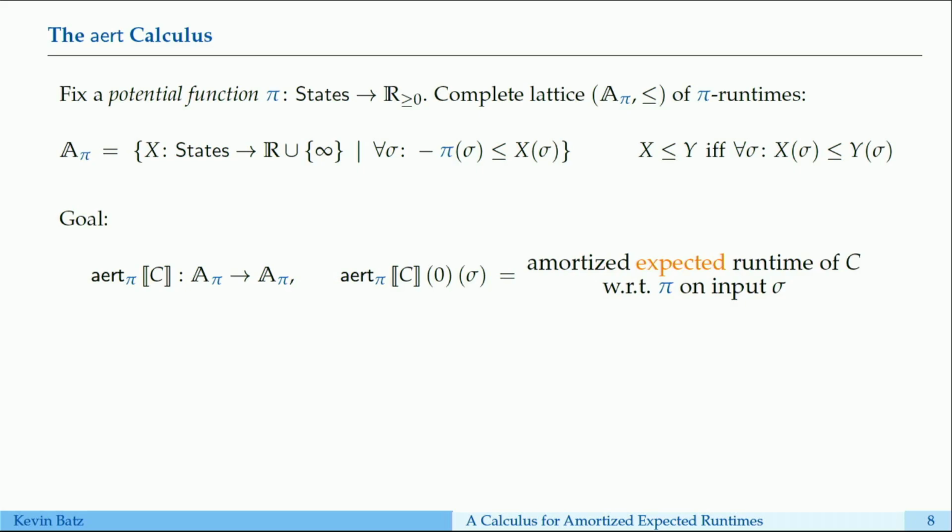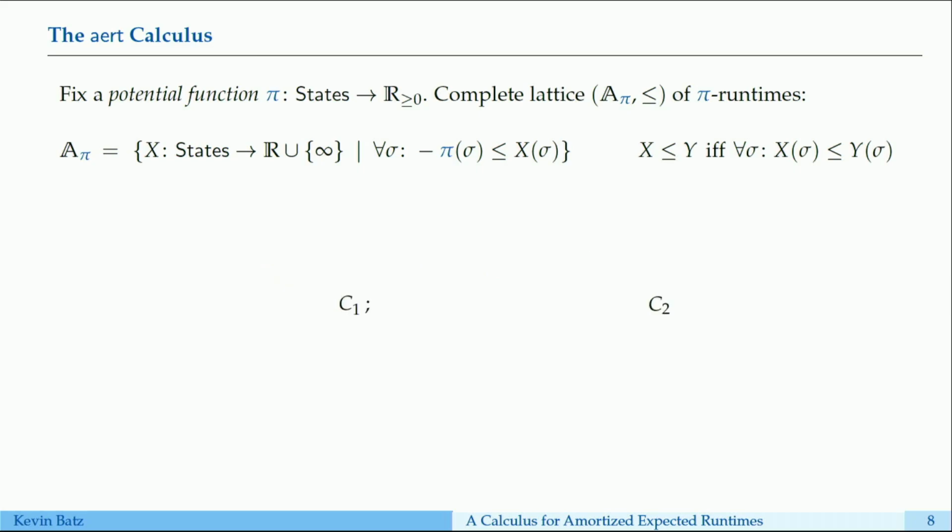So why do we need this post-runtime 0 here? This is due to the fact that we employ a continuation passing style to define the aert. Now this is very similar to what you know from weakest preconditions. It works like this. Suppose we want to determine the aert of this composed program C1; C2. We will do so by analyzing the program backwards. So we start at the end of the program with post-runtime 0, which reflects that on termination we consume no more time.